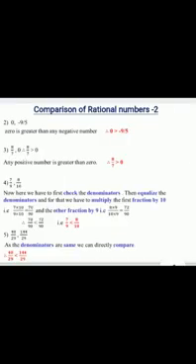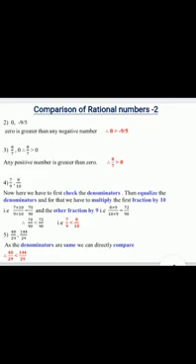Now let us see the example. Minus 7, minus 2. In this case, minus 7 is less than minus 2. Remember children that the smaller negative rational number is always less. So, minus 7 is less than minus 2.